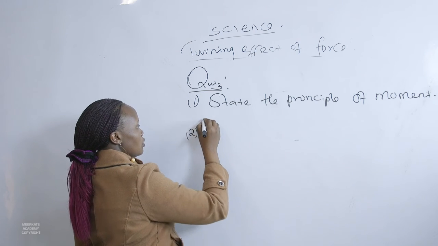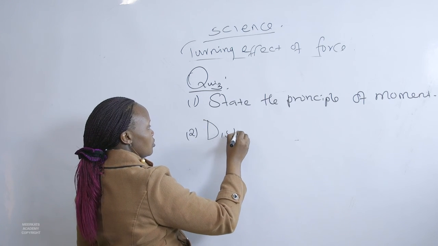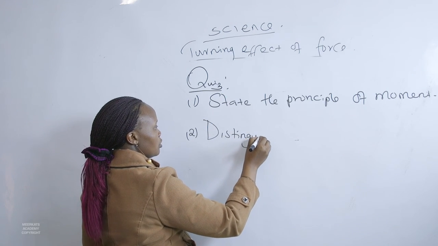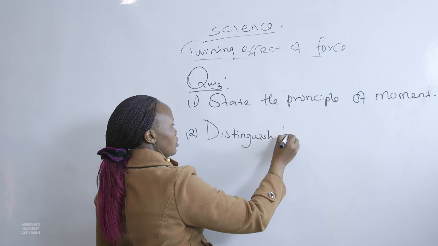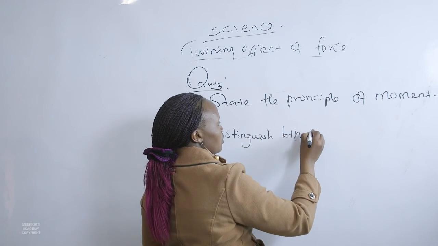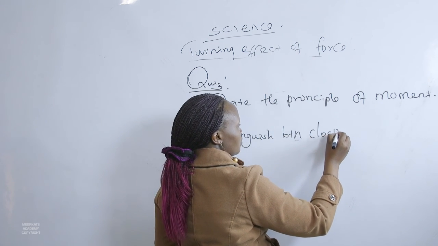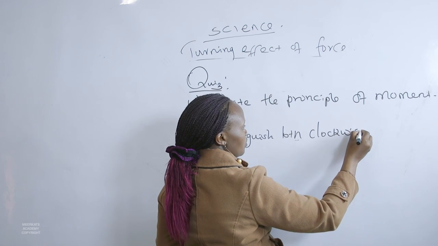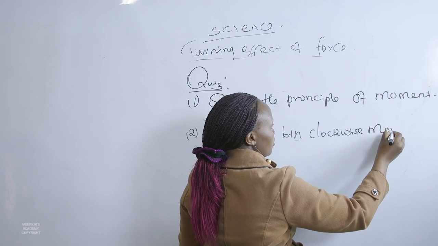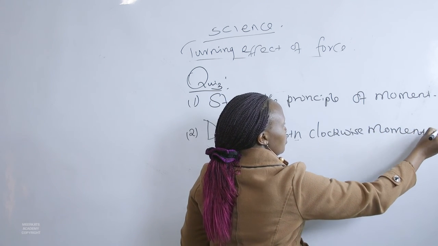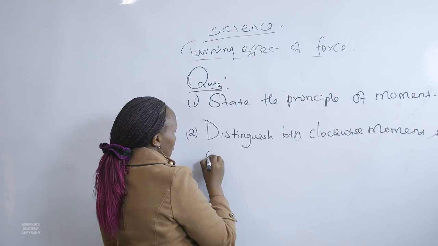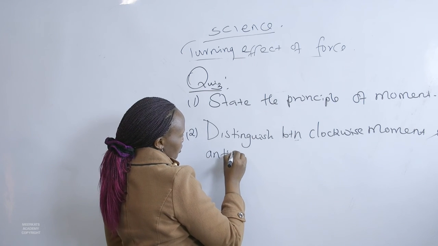Number 2 is to distinguish between clockwise moment and anti-clockwise moment.